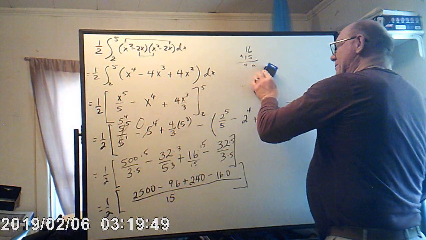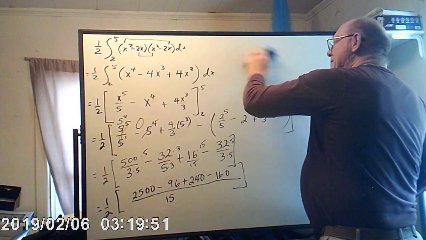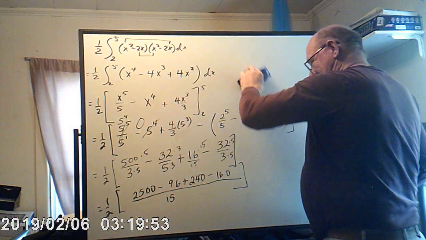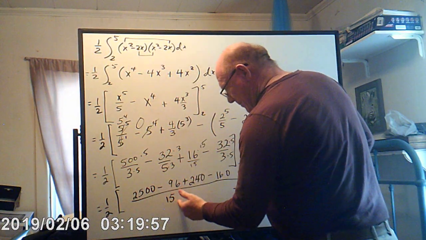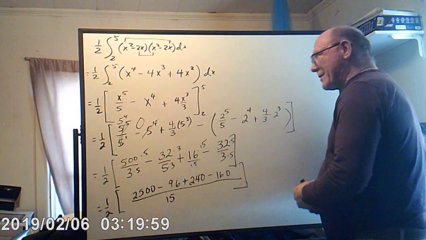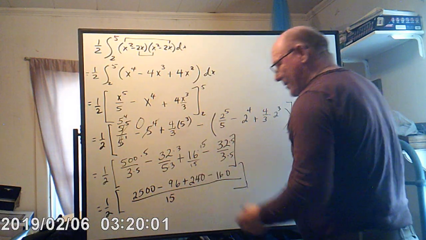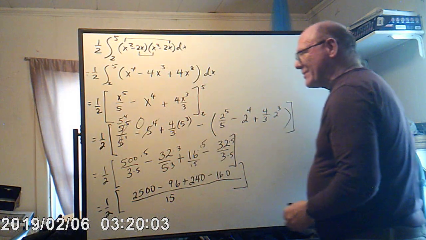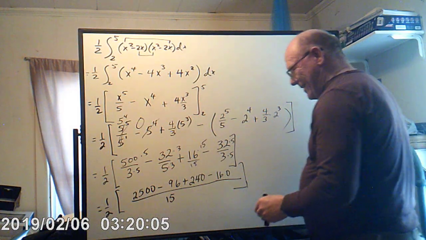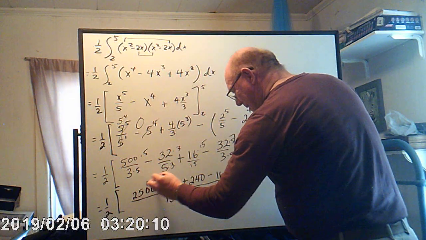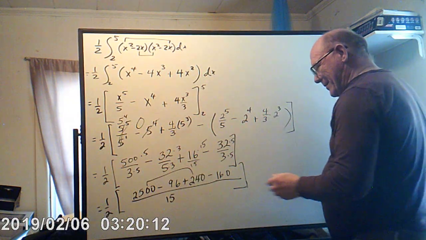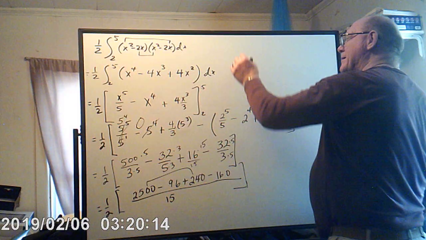I know it's going to be reduced down to something over 5. I want to say the total answer is 414 over 5. So let's get it. I'm going to add the 2 positives and add the 2 negatives.